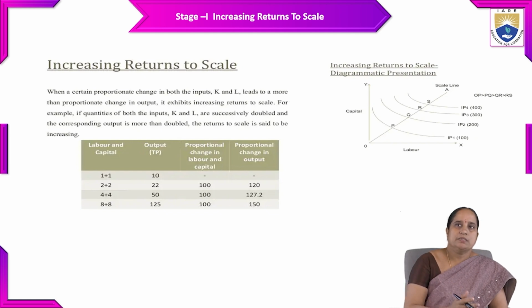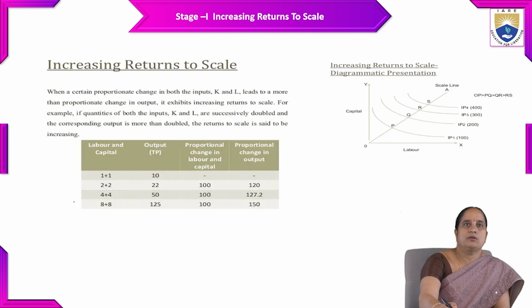So if you consider stage 1, increasing returns to scale, when a certain proportionate change in both inputs, capital and labor, leads to a more than proportionate change in output, it exhibits increasing returns to scale. For example, if quantities of both inputs, labor and capital, are successively doubled and the corresponding output is more than doubled, the returns to scale is said to be increasing.